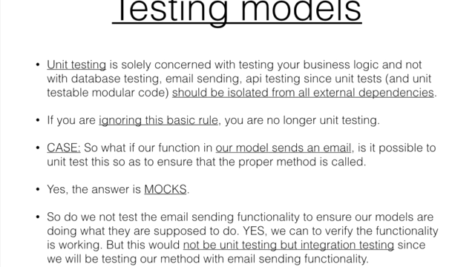So as I said before, this is how we go about testing models. Unit testing is basically you want to validate whether your logic is working. In day-to-day life, we create functionalities which do a database interaction.